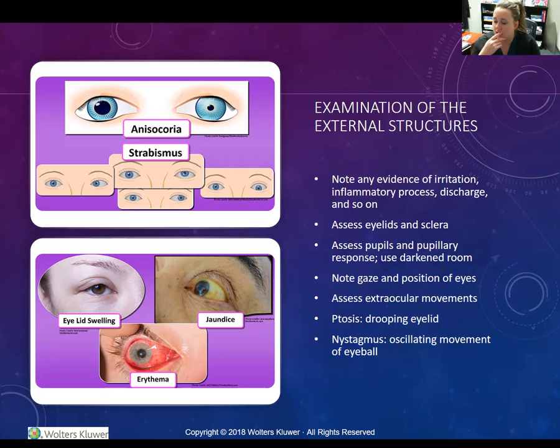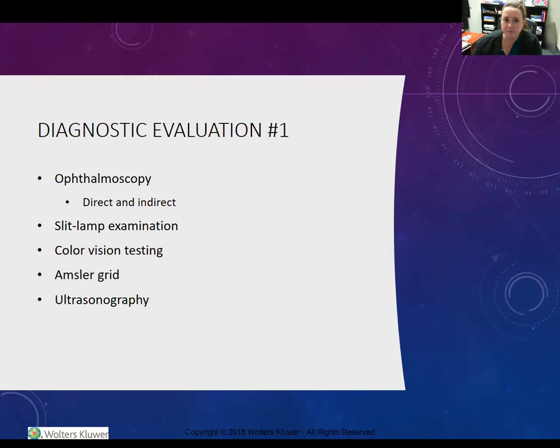So are we having regular eyes, or is one here and one down here? Have the patient follow your pin light and move it 12 to 14 inches from their face in the 6 cardinal views of gaze. And we're watching for nystagmus, which is any involuntary movement of the eye. If you've ever seen anybody with nystagmus, it's pretty cool, but their eye just kind of twitches back and forth. So that's another thing we can assess for.